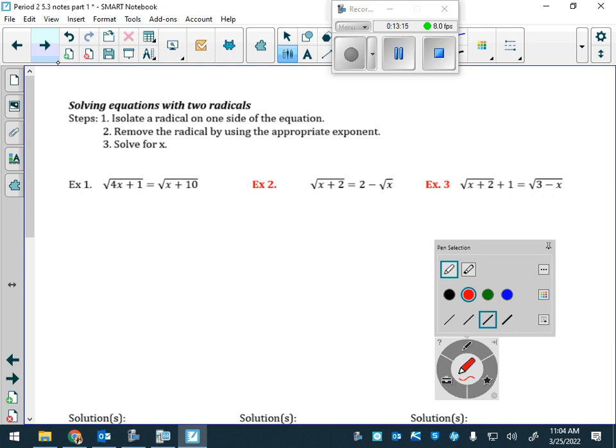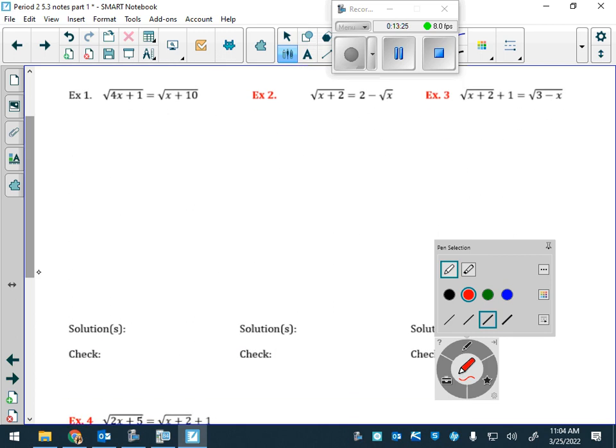Okay, so when you're solving equations with two radicals, the first one would be very straightforward. So what do I do in this case, in example 1? Yeah, Rory. No, we don't need to put it into fractions. How do I get rid of those radicals? Square both sides, okay?